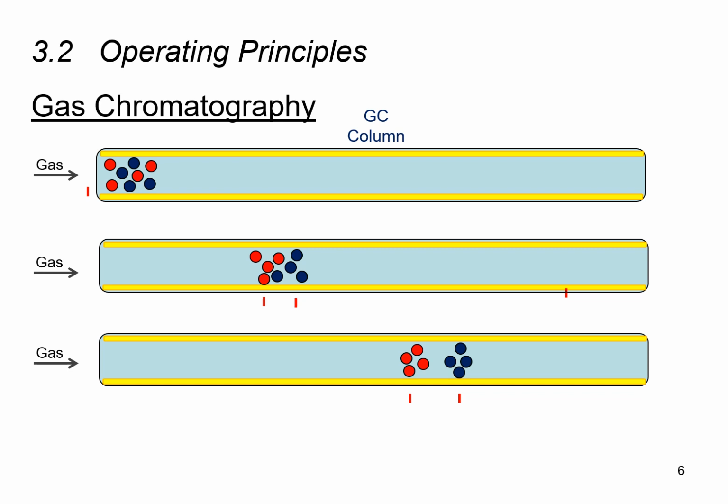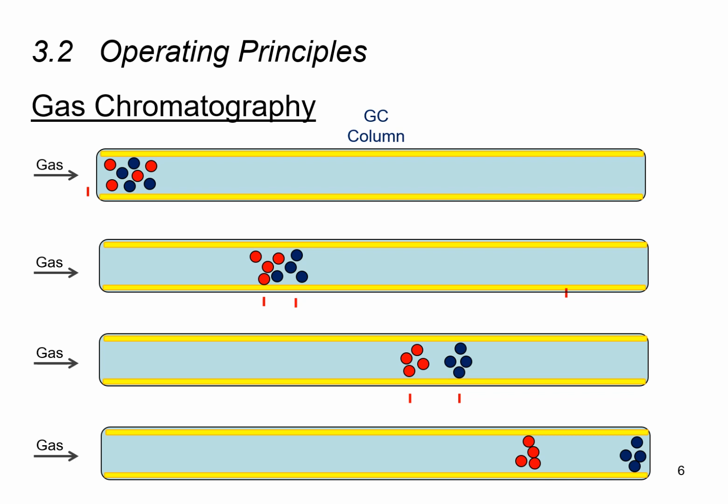So this, of course, will increase as we go further and further down the column. So right at the end, we see that the blue molecules will leave the column and reach the detector first, and after some time, eventually the red molecules will then leave the column and reach the detector.